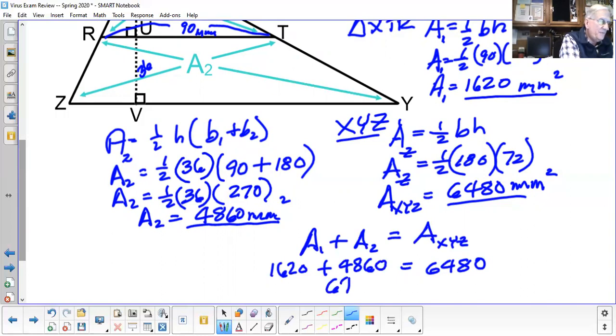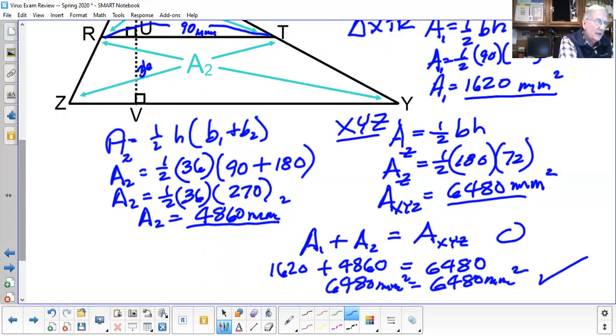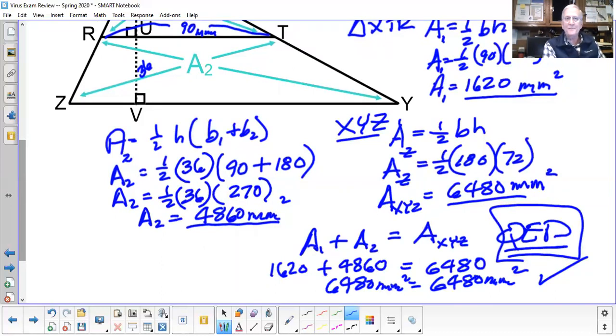So 6480 square millimeters here is exactly the same as 6480 square millimeters here. Therefore, it checks out. QED. I have shown that the whole is equal to the sum of its parts.